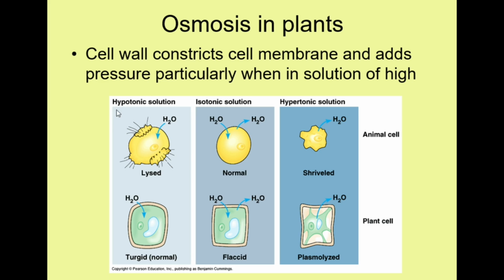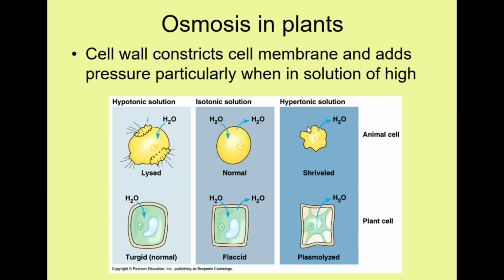So you can imagine that this is our distilled water. And just like the red blood cell, water is diffused into the cell. So we can see that water has gone from an area of low solute concentration to an area of high solute concentration. And that has caused the cell to swell and to burst.